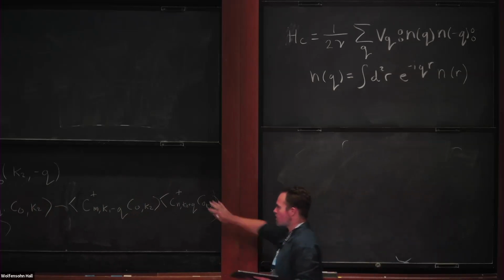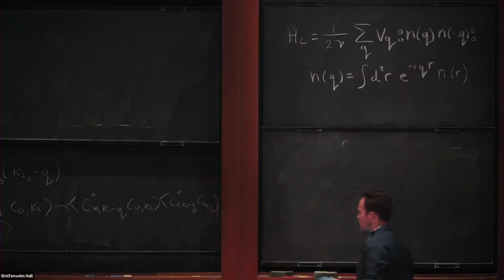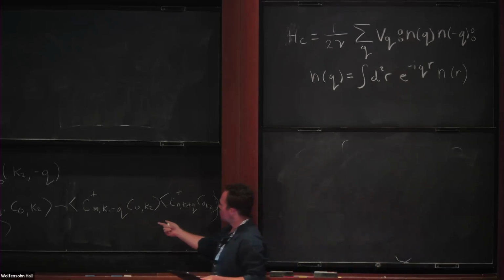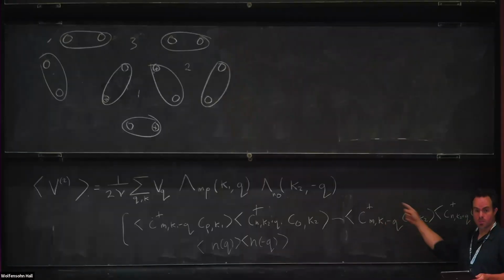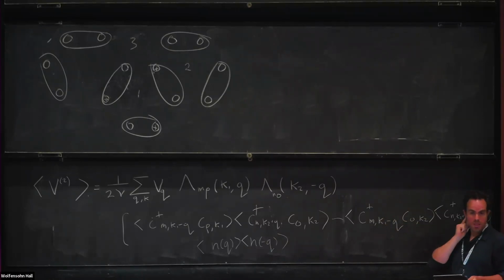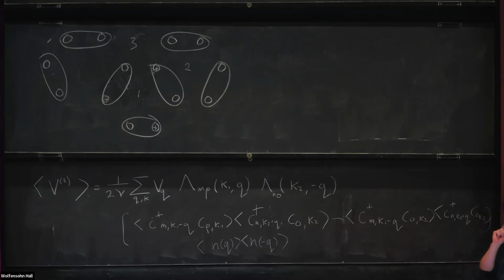Okay, so let's simplify this and make this disaster go away. We need to know the expectation value of this projector here. And let's assume for simplicity that the state I'm looking at doesn't break the microscopic lattice translation, so that I know the general form of the projector must conserve lattice momentum.